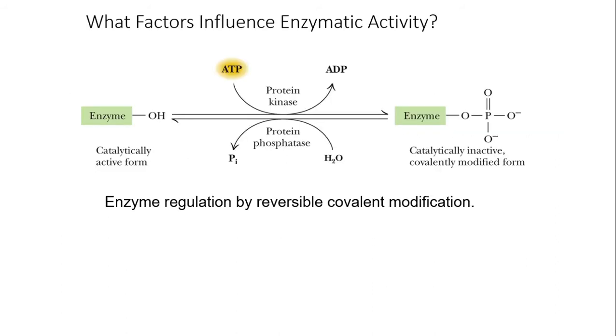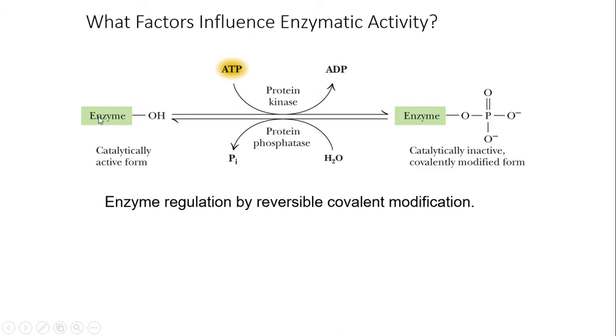So covalent modifications I mentioned as one way that enzyme activity can be affected. Although some covalent modifications are permanent and inhibit the enzyme irreversibly, other covalent modifications are reversible, and that's what we're looking at right here. And we will see this in one of our pathways. So this is an interconvertible enzyme.